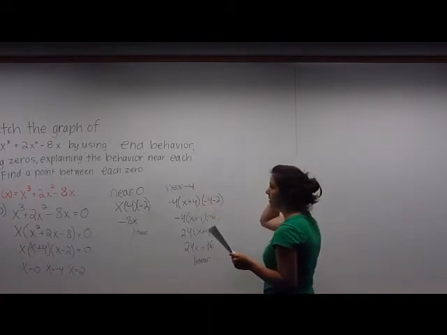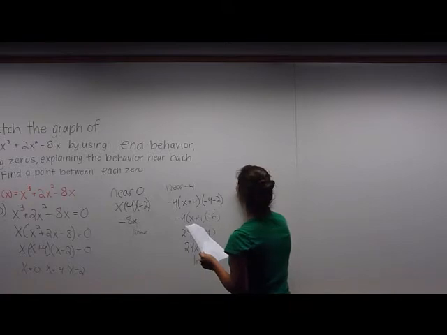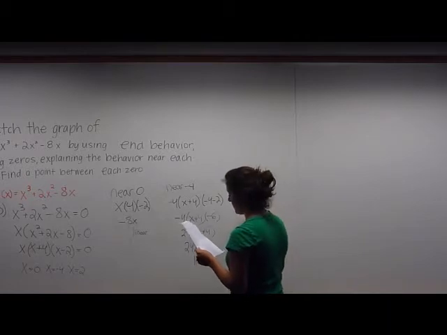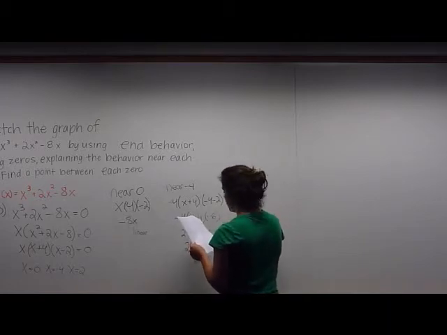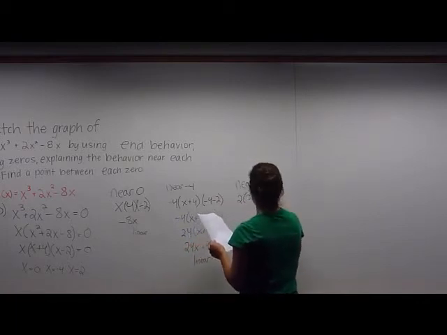The behavior near 2, you just do the same thing. We're plugging in 2 into the factored form where the term will not equal 0. So 2 times 2 plus 4 times x minus 2.